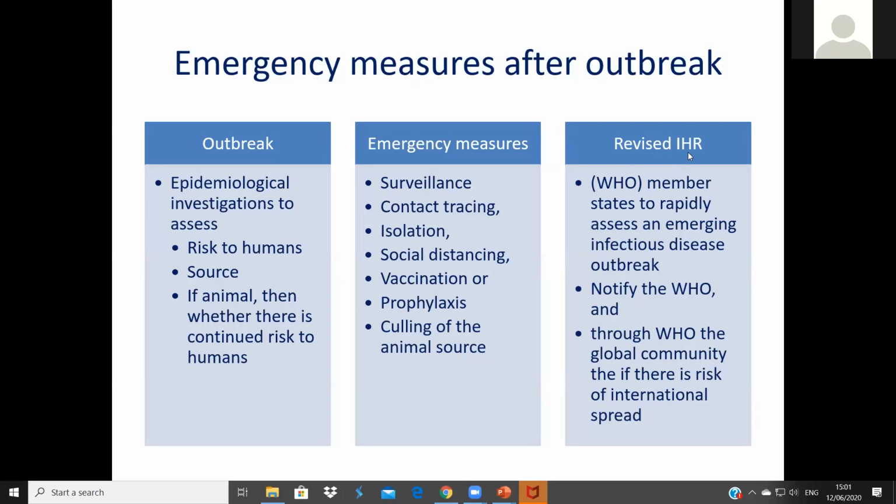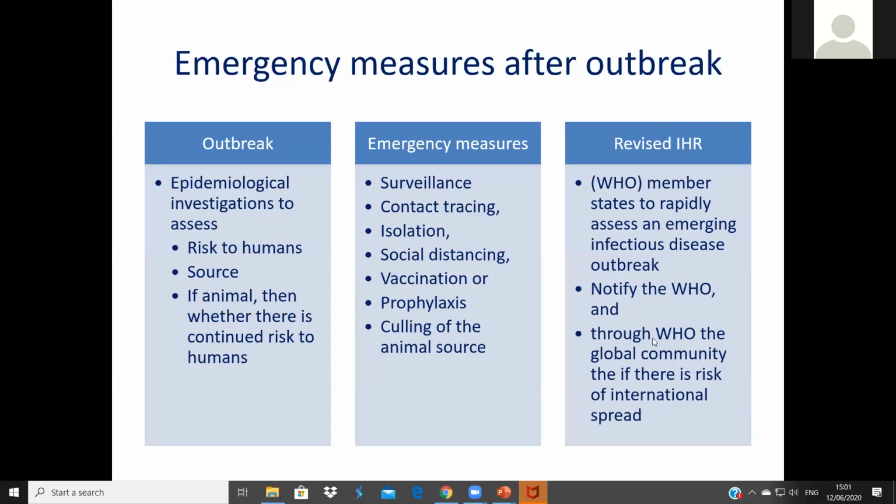The revised International Health Regulation has asked WHO member states to rapidly assess an emerging infectious disease outbreak. Now, again, it's a controversial issue between US and China and other countries, whether China should have informed beforehand.